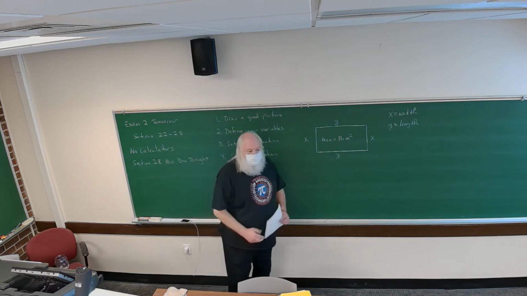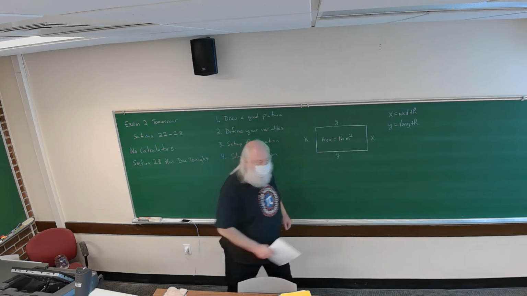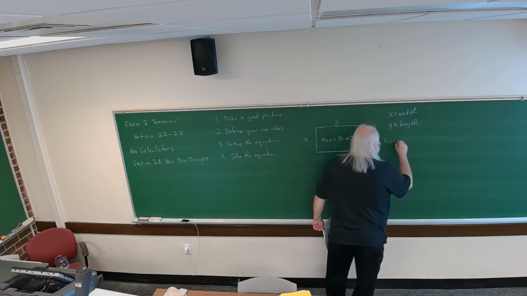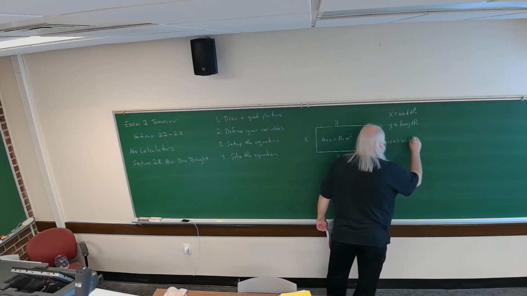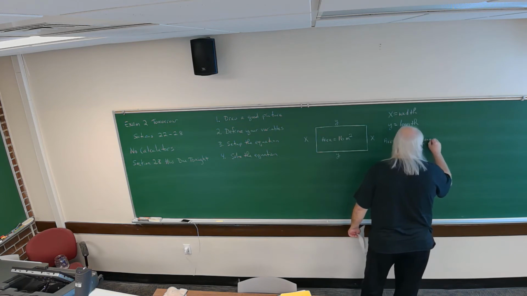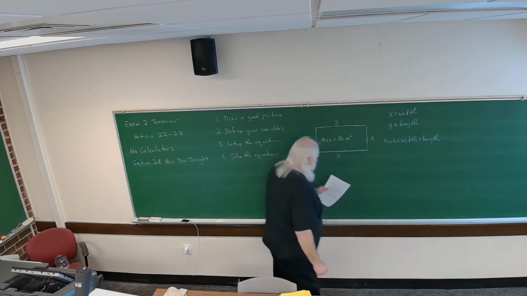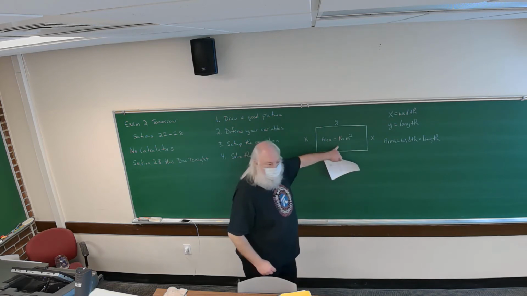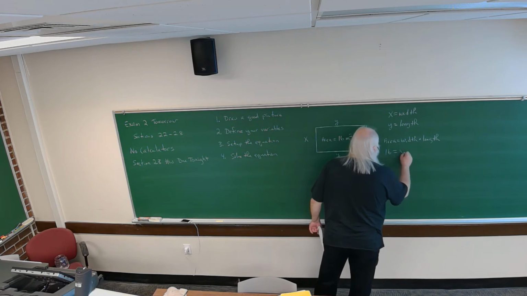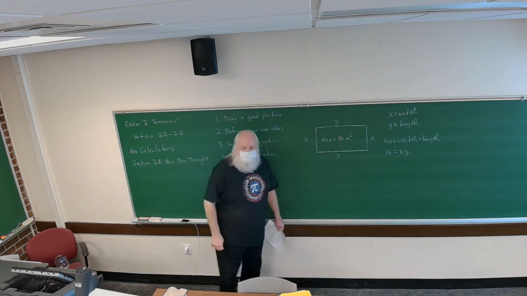Now the area of a rectangle is width times length. Well, the area in this case is 16 meters squared. X represents the width and Y represents the length.